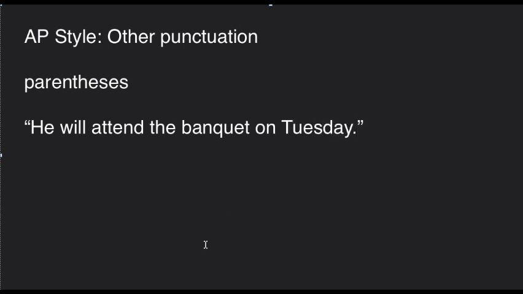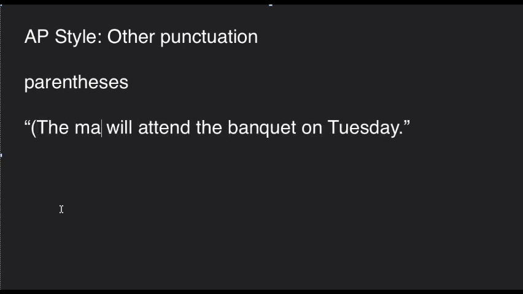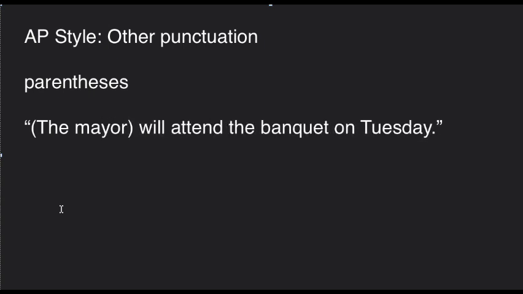That's a terrible quote, and obviously it would need some attribution here at the end, but let's say that for whatever reason, context of the story, you needed to make it clear that he's talking about the mayor. Okay, so maybe you could insert the words the mayor. Having trouble typing today. The mayor will attend the banquet on Thursday. Maybe you could do that if it made it clearer.